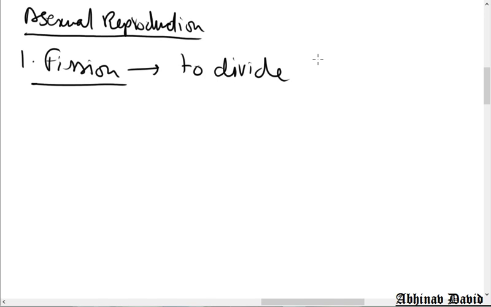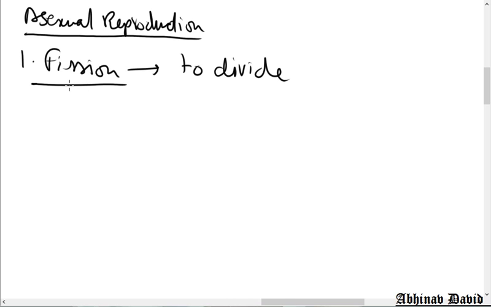When an organism divides into two or many daughter cells, we call it fission. Why am I saying two or more? Because there are two types of fission.